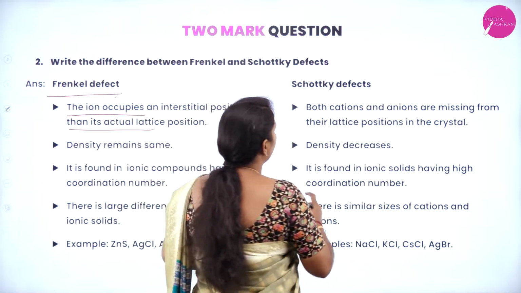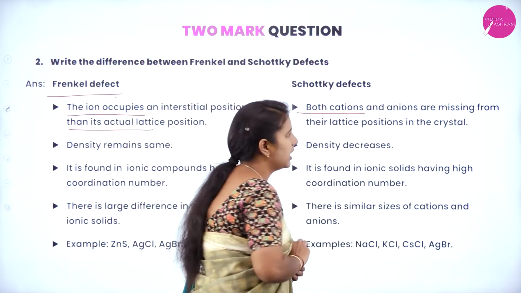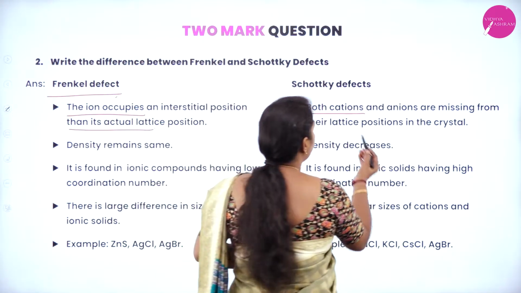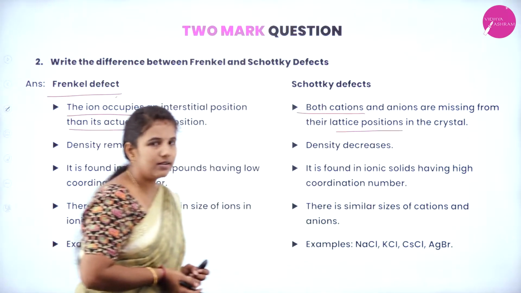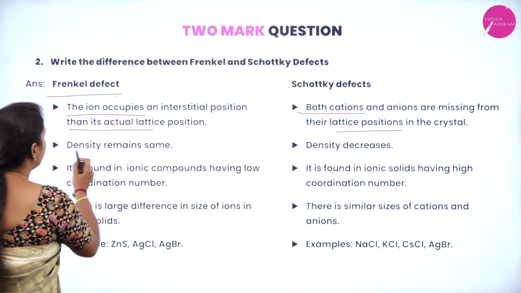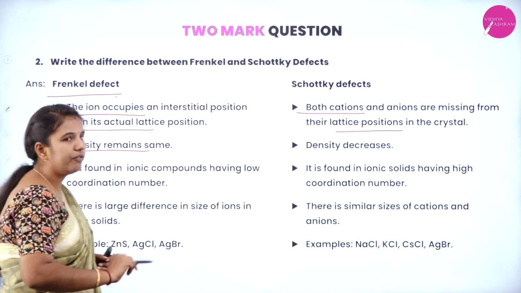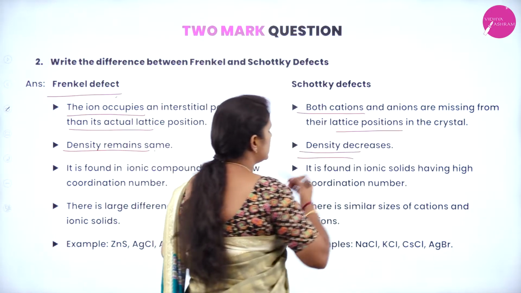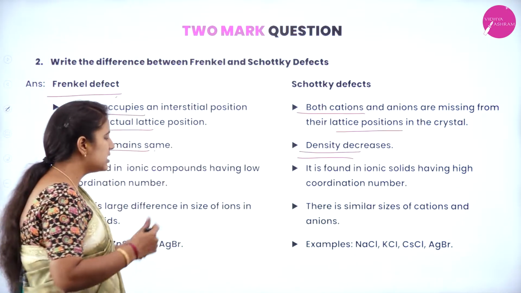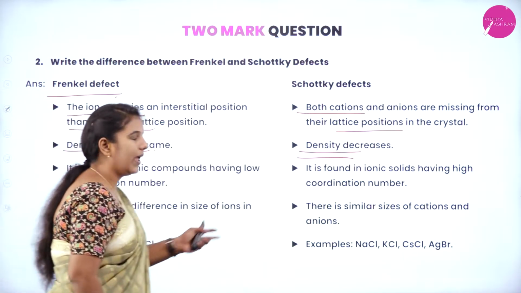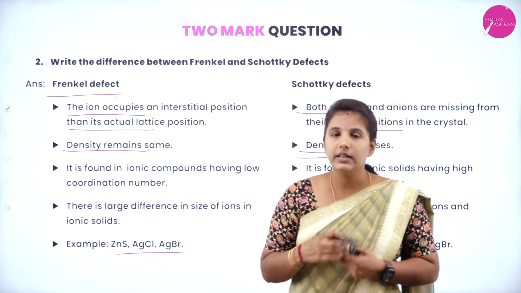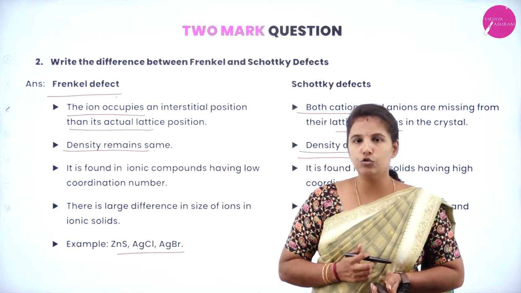Whereas in the Schottky defect, an equal number of cations and anions are missing from the lattice positions in the crystal lattice. The density remains the same in the Frankel defect, whereas in the Schottky defect it decreases. So, any two differences, or you can write any one example to differentiate between Frankel and Schottky. That is also enough to get 2 marks.